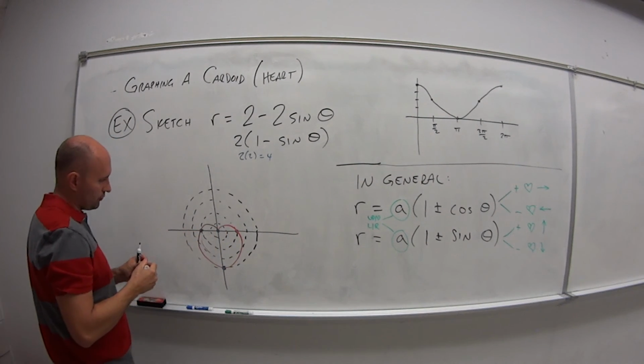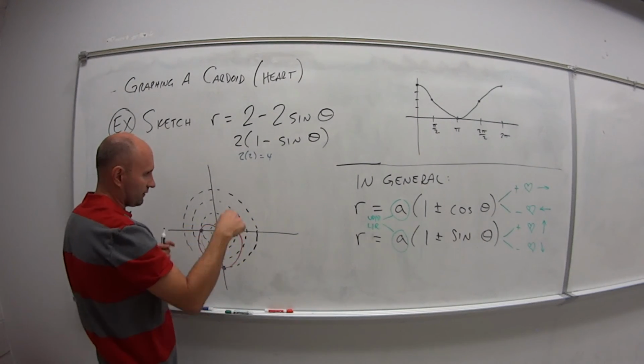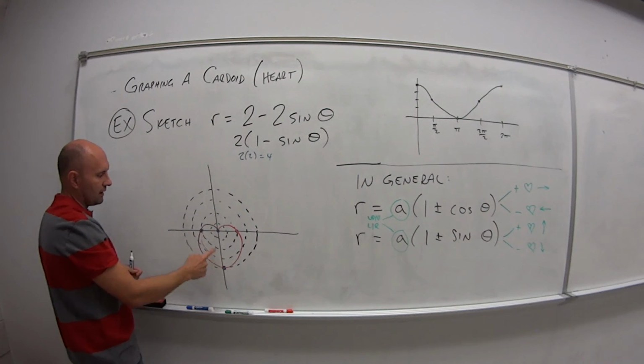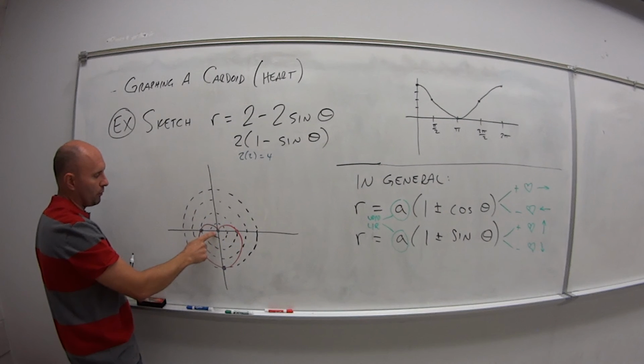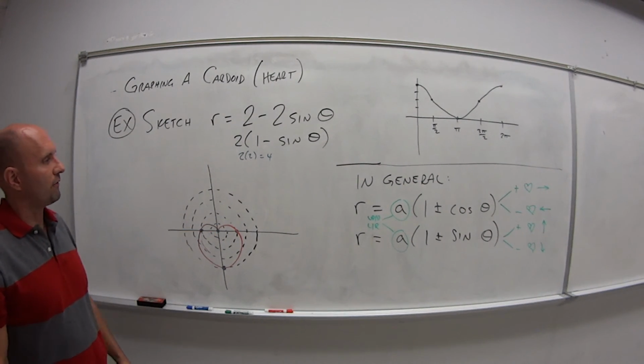You should get a picture like that. Notice how the bottom, even though in my little graphics there it's pointy, when we're graphing cardioids or heart graphs, the bottom or the top or the side has to always be smooth. The only point we have is right at the origin. So that gives us that graph.